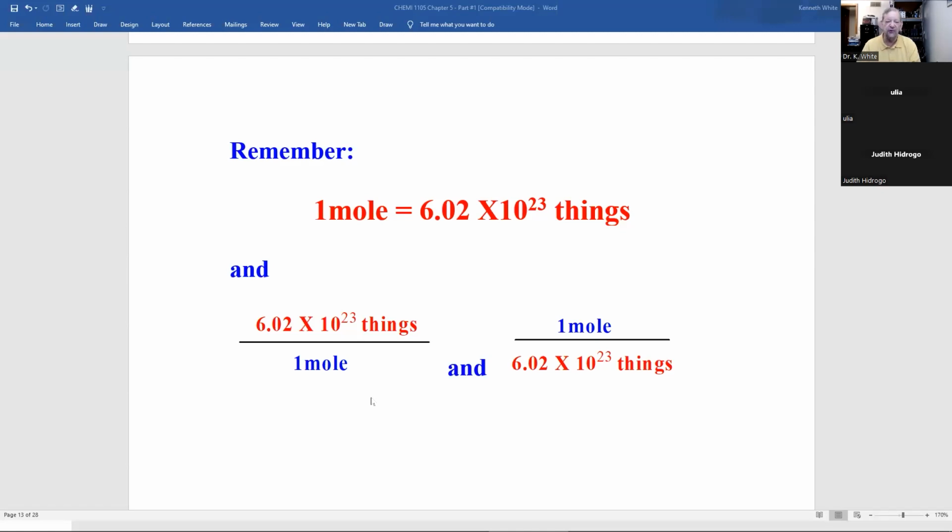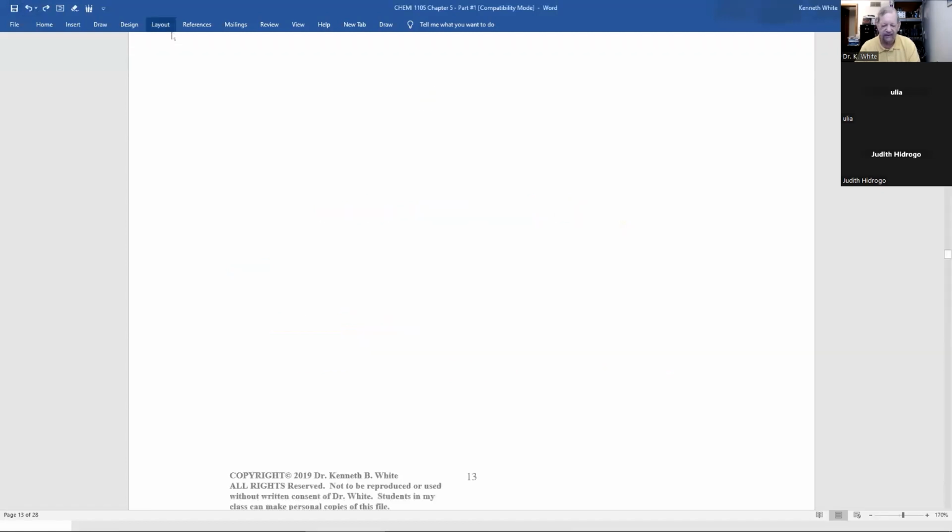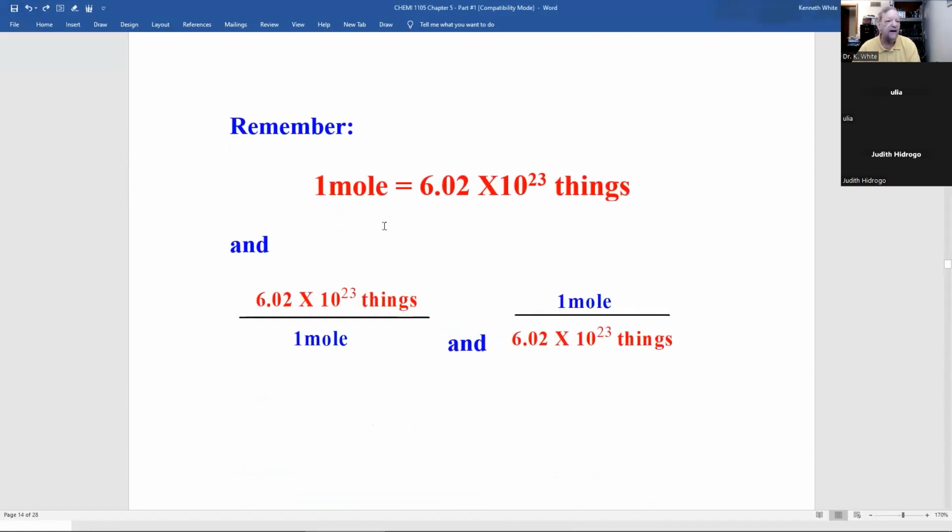When you have two things equal each other, if I have A equals B, when I have one thing equal another, like this, 1 mole equals Avogadro's number.